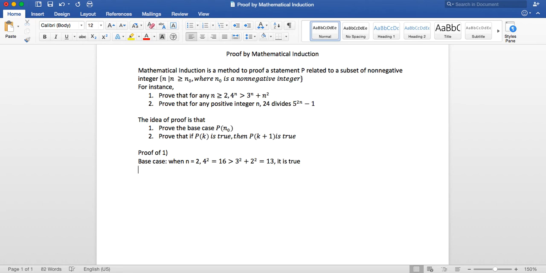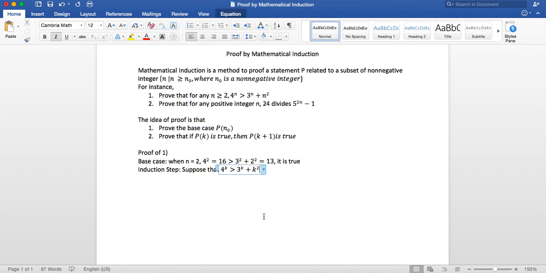Okay? Now, we prove the second, the induction step. The induction case. That means we need to prove: suppose that 4 to the k is greater than 3 to the k plus k squared.